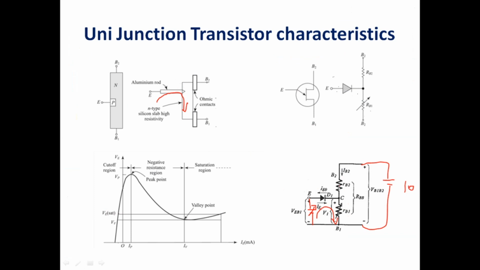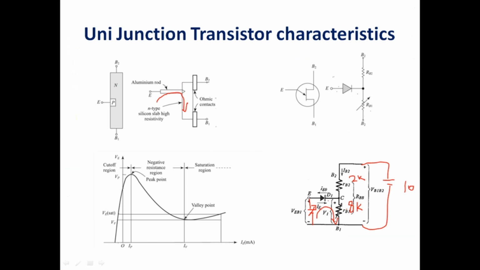Now the next question is, we have understood that the resistivity of this part is variable based upon the emitter current. So how much voltage is required to forward bias this diode? Listen here, I will give you some values: 10 volts, 2 kilo ohm, and 8 kilo ohm. Can you tell me what is the voltage drop here when the emitter current is 0?